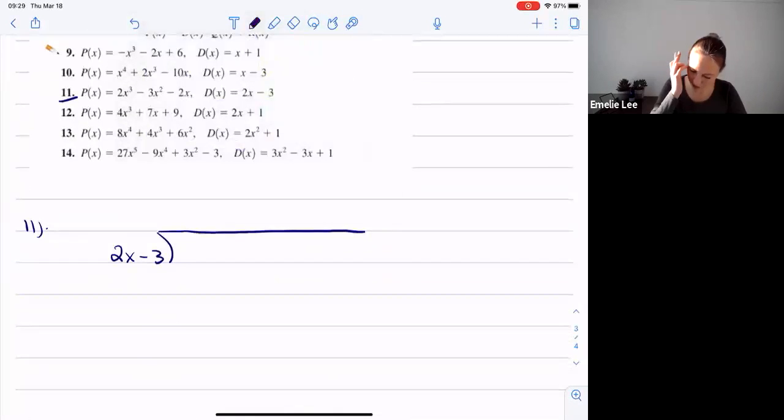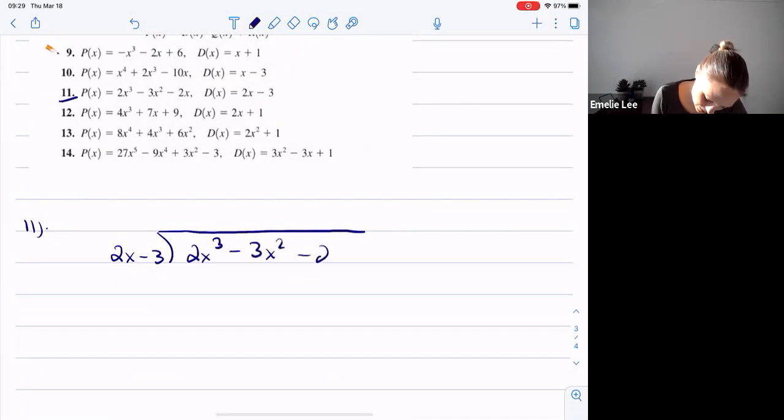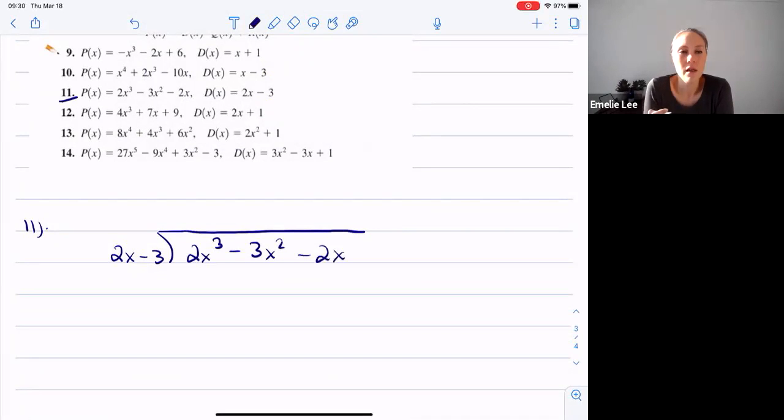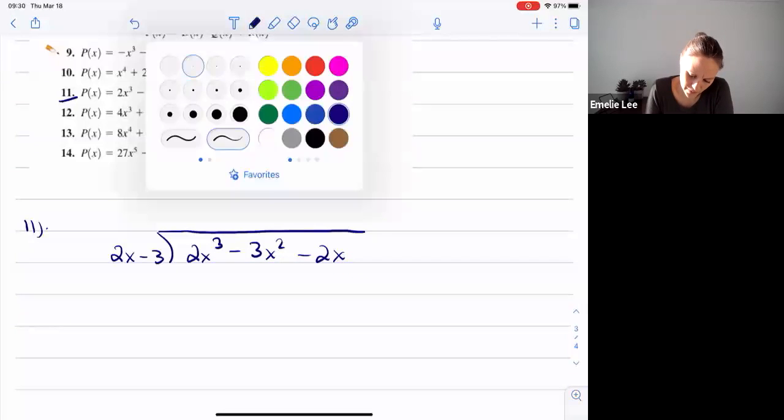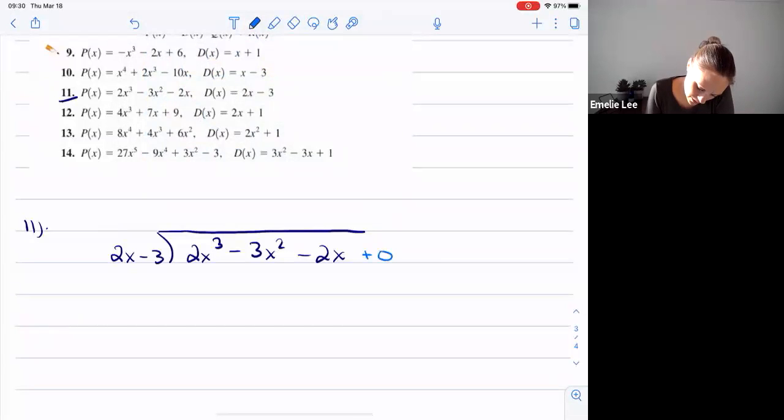All right, so we want to do 2x minus 3 going into 2x to the 3 minus 3x squared minus 2x. First thing I want you to do is check to make sure that all your powers of x are there. Starting at x to the power of 3, I have an x squared, I have an x, and then let's jot down a constant of 0 as a placeholder.